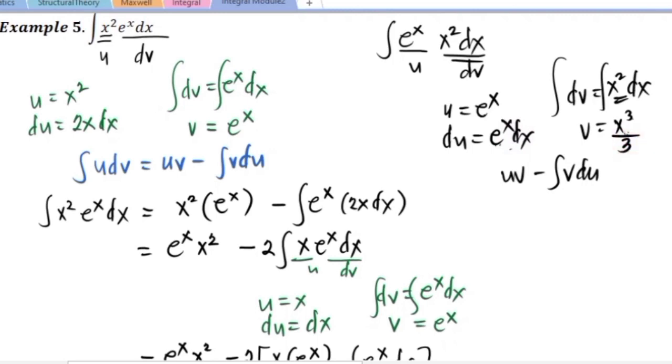So, pag nag-integrate ka ulit, magiging x to the fourth na. So, lalaki ng lalaki yung exponent nito ng algebraic na part. So, therefore, walang katapusan itong part na to. So, it's not possible na magkaroon tayo ng alternate solution dito.